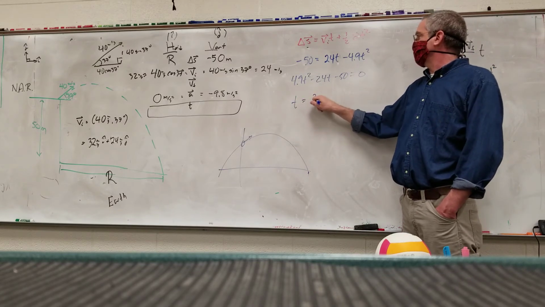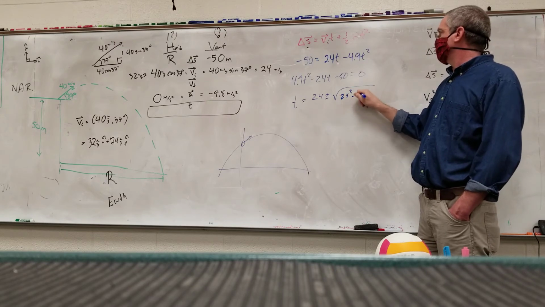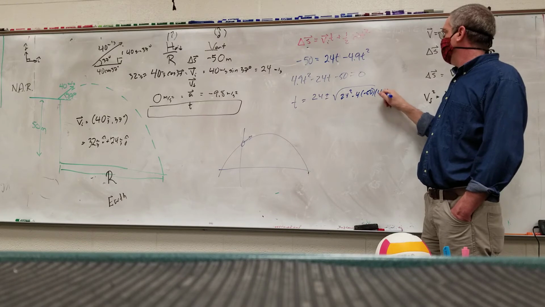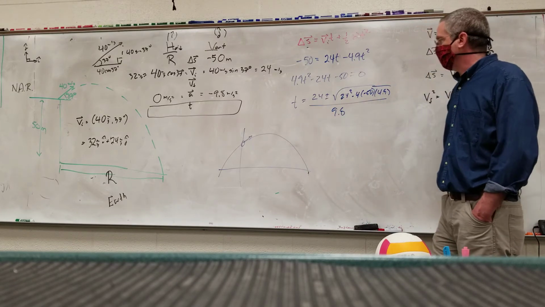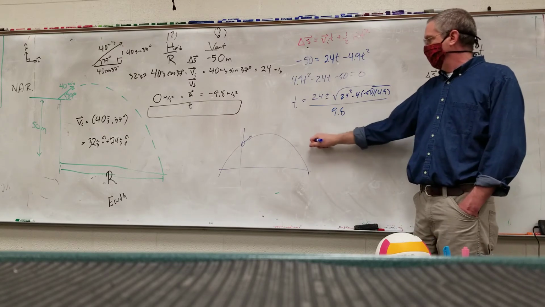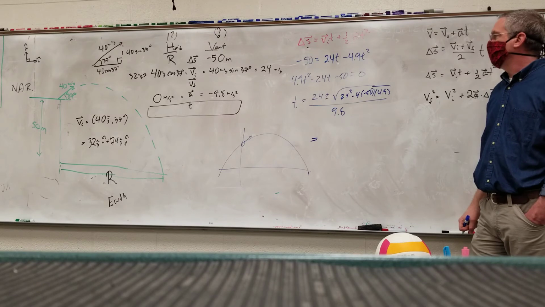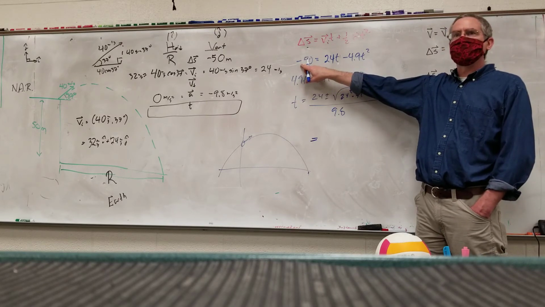So t is 24 plus or minus the square root of 24 squared minus 4 times negative 50 times 4.9, divided by 2 times 4.9 or 9.8. Wouldn't it be a plus 50? The 50 is already on the left side. It's negative.